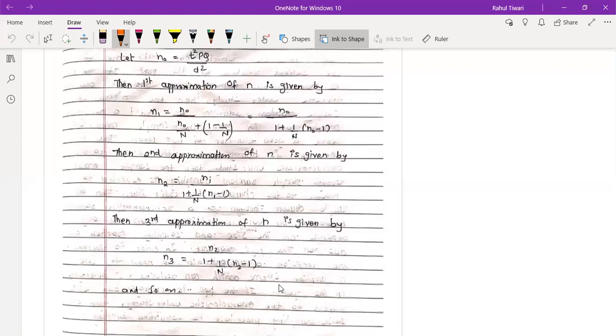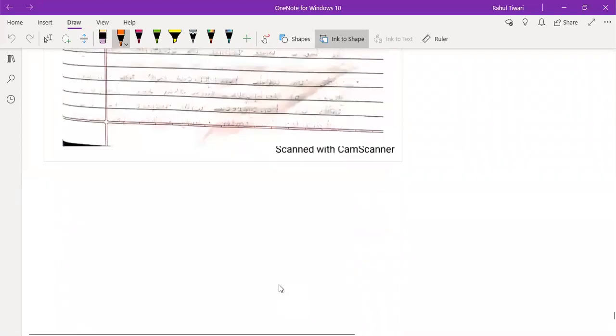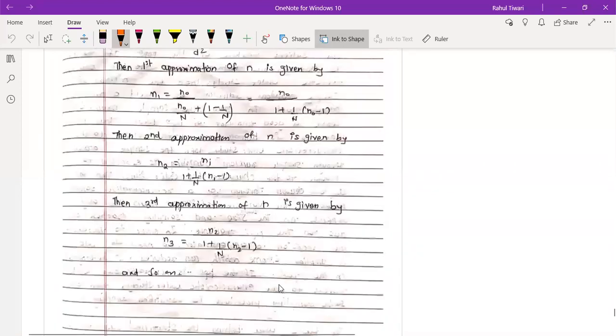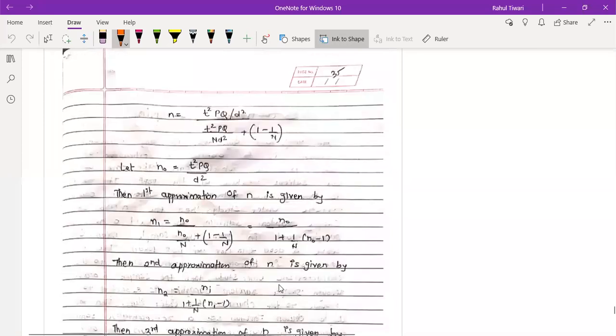For second approximation, write down the same thing. It is n1, 1 plus 1 upon capital N, n1 minus. This is the second approximation. And you can get similarly the third approximation and so on. So this is, I think, related to approximation. One can approximate the value of n naught also.